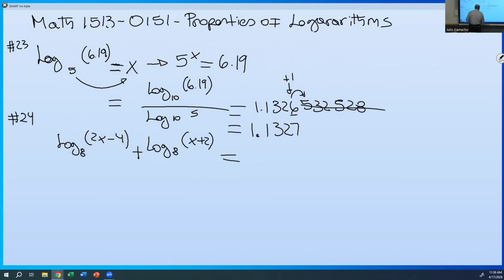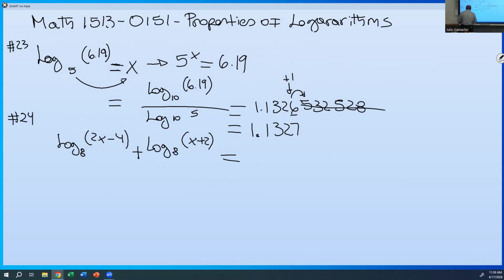So what happens when you have logs that have the same base? These two logs have the same base. You can see both are base 8.